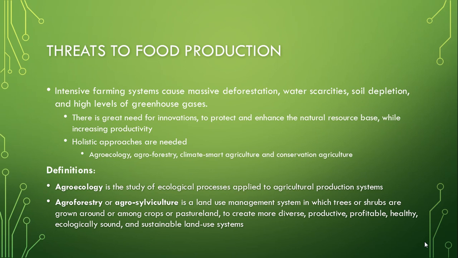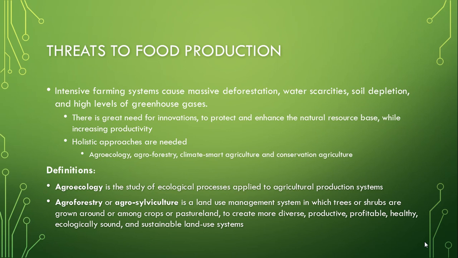Intensive farming, such as the large commercial farming activities mentioned, can often cause massive deforestation, so the clearing of land to gain access for agricultural activities. Water scarcities: you find water sources would be diverted into these agricultural areas, thereby depriving possibly other rural communities of water.